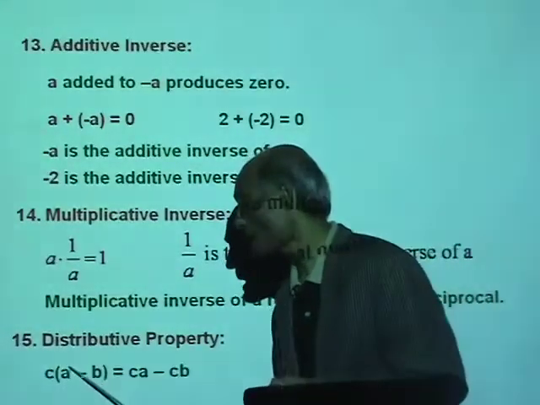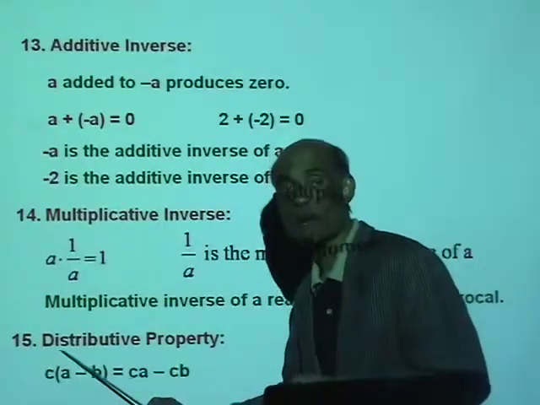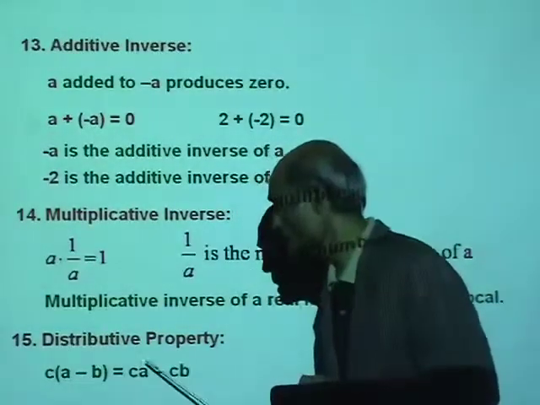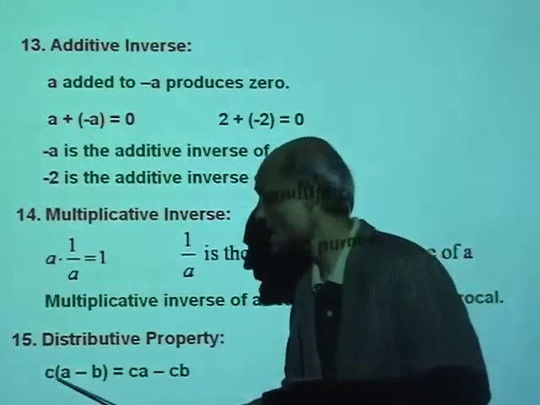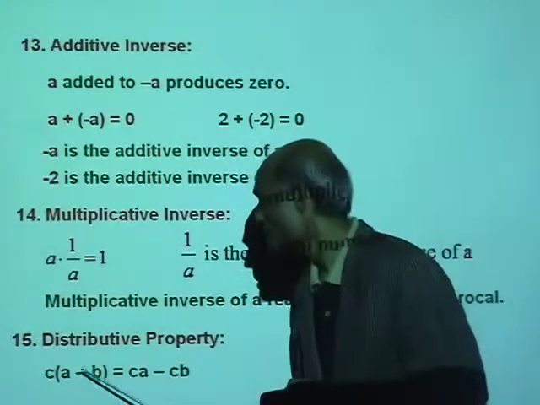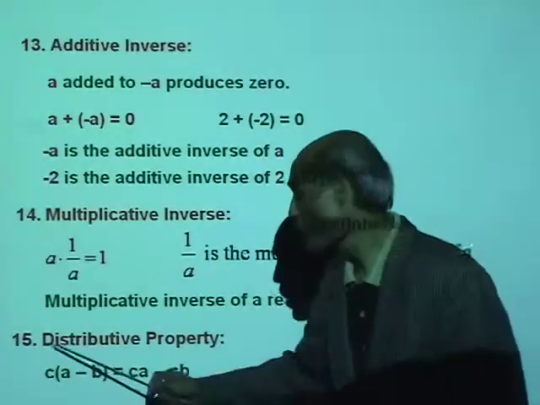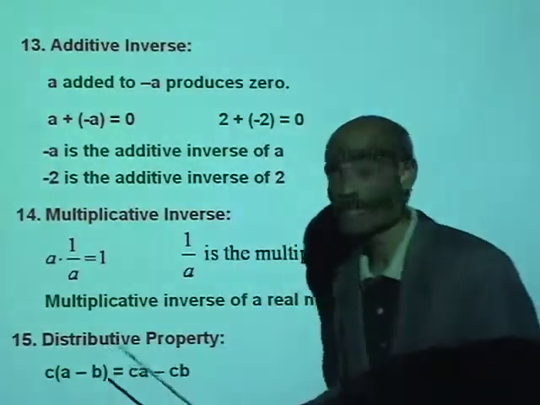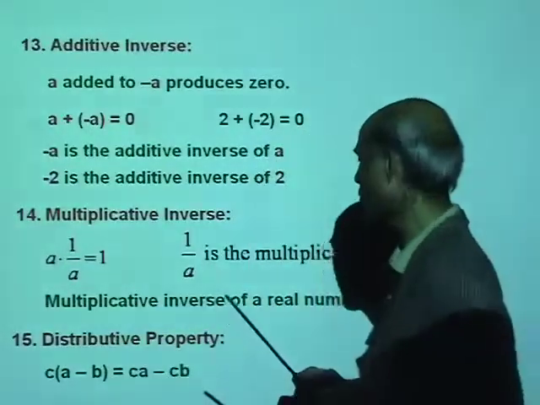C multiplied by A is CA, and C multiplied by negative B is minus CB. C times A minus B is CA minus CB. This is called the distributive property. What we are doing here is distributing that quantity.